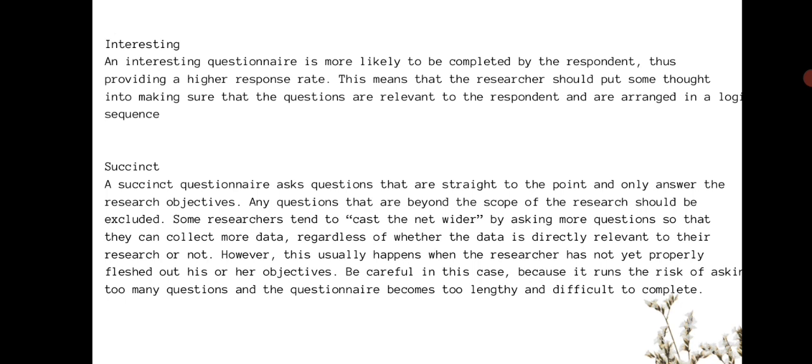However, this usually happens when the researcher has not yet properly fleshed out his or her objectives. Be careful in this case because it runs the risk of asking too many questions, and the questionnaire becomes too lengthy and difficult to complete.